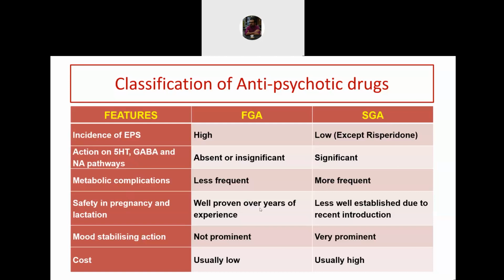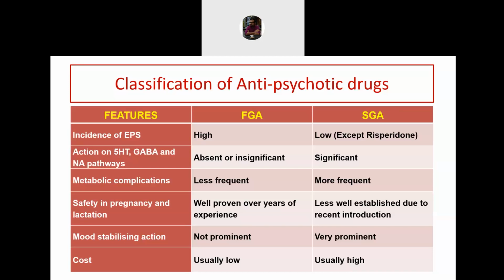And because these are new drugs, we do not know whether they are very safe in pregnancy or lactation. However, because the second generation agents also act on serotonin and noradrenaline, they have very prominent mood stabilizing action. First generation agents do not have much mood stabilizing action. And the second generation agents, being new drugs, are more costly than the first generation agent.